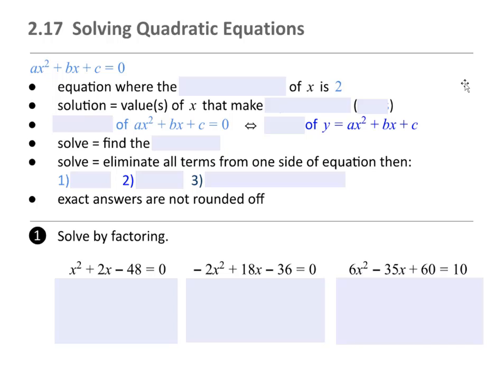So 2.17, quadratic equations. Right up at the top, we set the equation equal to 0. Basically, a quadratic equation is one where the highest exponent of x is equal to 2. We should know that by now.